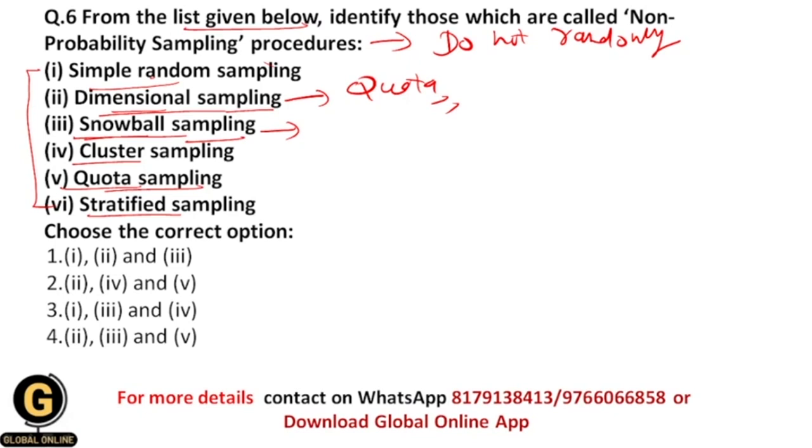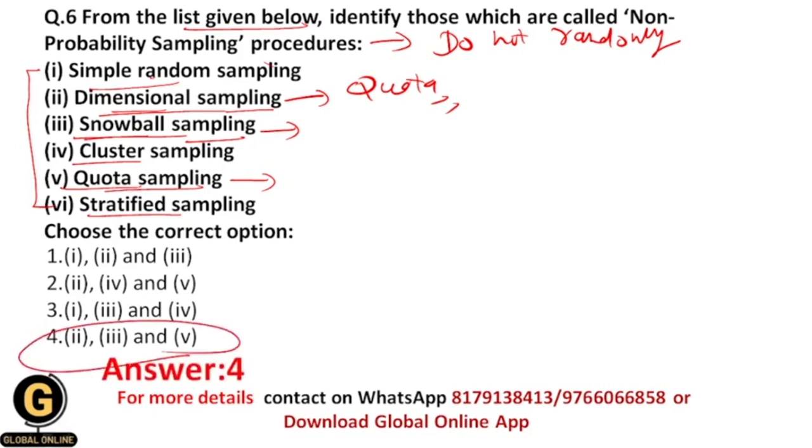This is called snowball sampling. And within quota sampling, a researcher wants specific people who have specific characteristics. That's why these three are the non-probability sampling procedures. But simple random sampling, cluster sampling and stratified sampling are the probability sampling procedures, and that's why your correct answer should be 4, that is 2, 3 and 5.